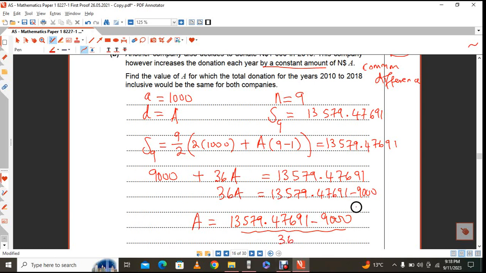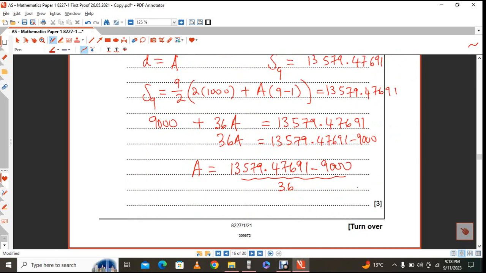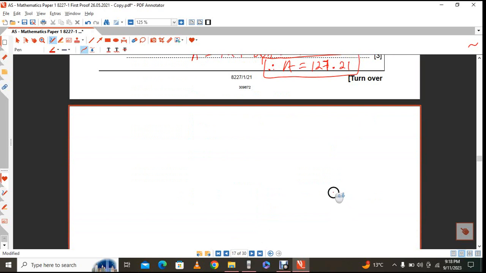You can grab your calculator and calculate, and you should get that a is equal to 127.207 and so on. So I would say therefore a equals 127.21 if I have to leave my answer like so. Okay, let's get to the next part of the question.